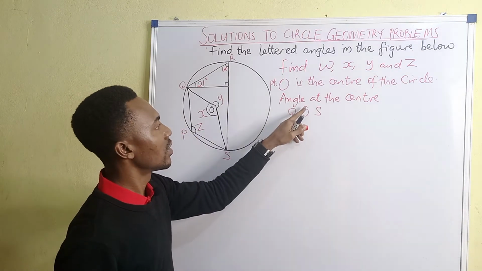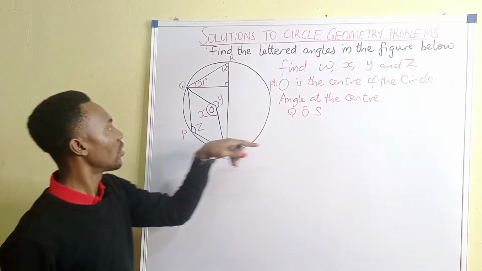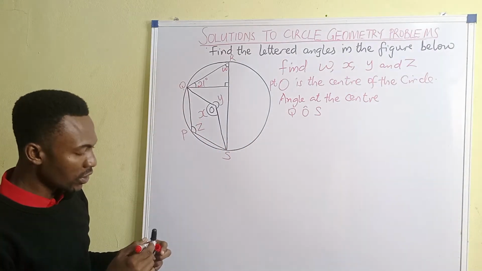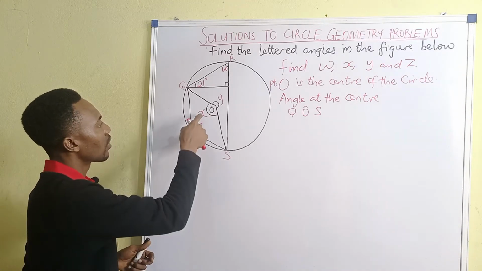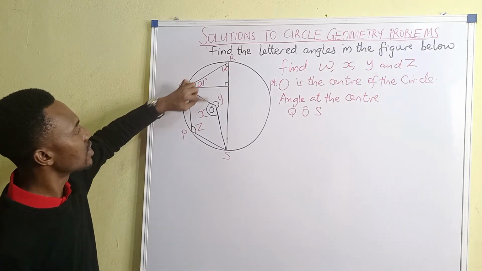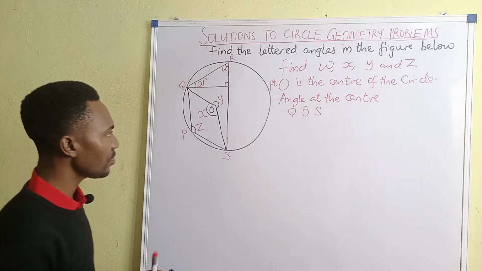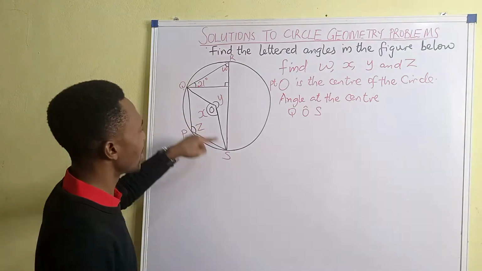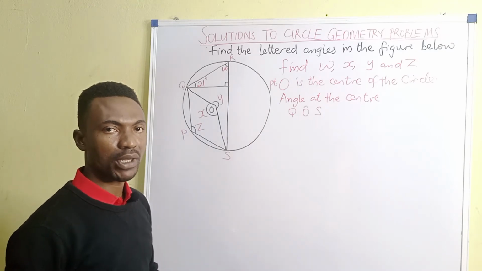Now don't forget, this cap on top of O means that the angle subtends on O. But coincidentally, we are having two angles at point O. We have angle X and angle Y. It means we are going to be relating these two angles to the circumference. See how we do it. Don't forget that angle at the center is twice angle subtended on any part of the circumference.